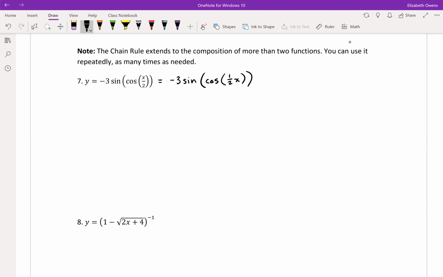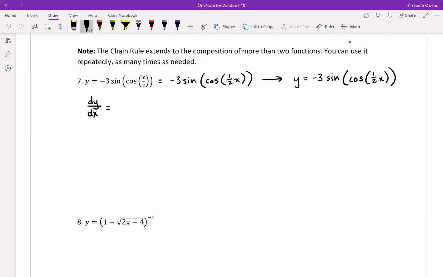So how we're going to do this is we are going to cover up the interior function. Let me write this as y equals -3 sine of cosine of 1/2 x. Down here we'll start doing our derivative, and I will cover up a part of that.